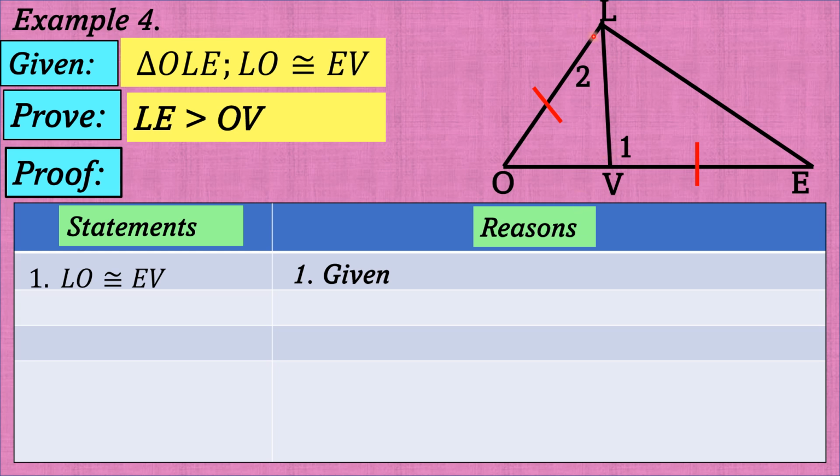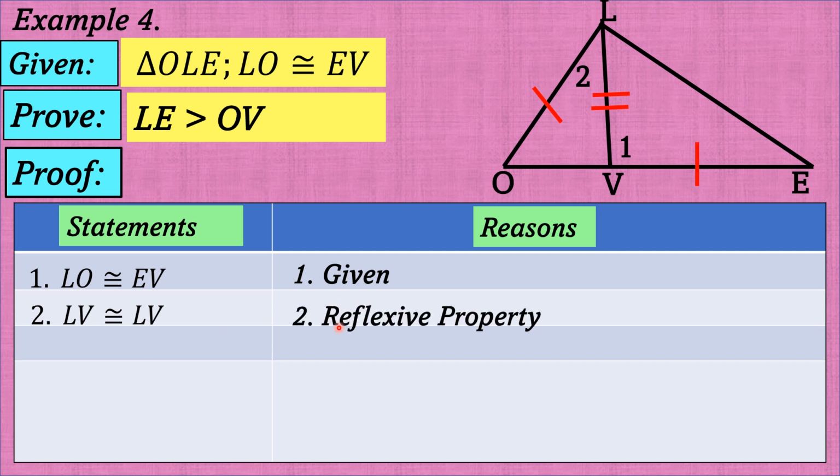So we can use that as our second statement. So we have side LV is congruent to side LV. So what will be our reason? So we can say that it is the reflexive property. Now, what will be our third statement?